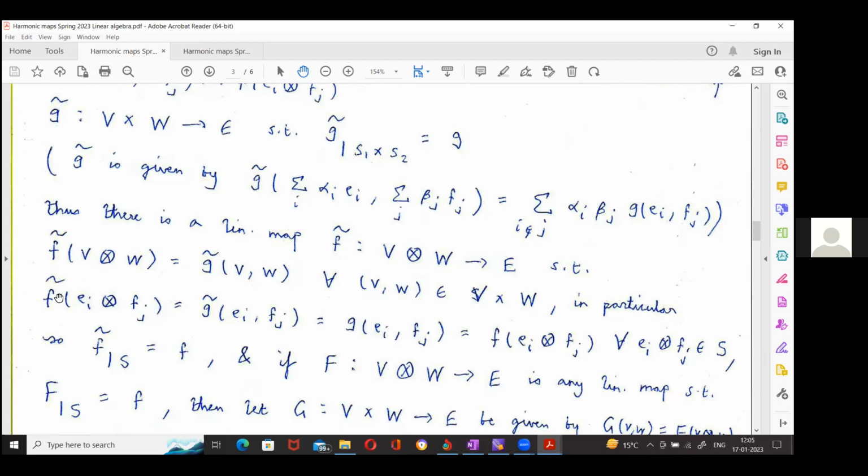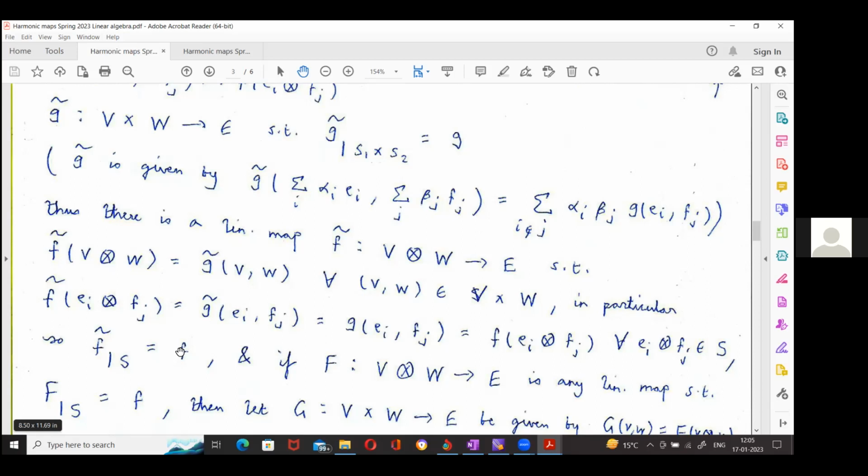Is this clear? Yes. So F tilde restricted to S is equal to F. So we have a linear map extending our function on the set S.